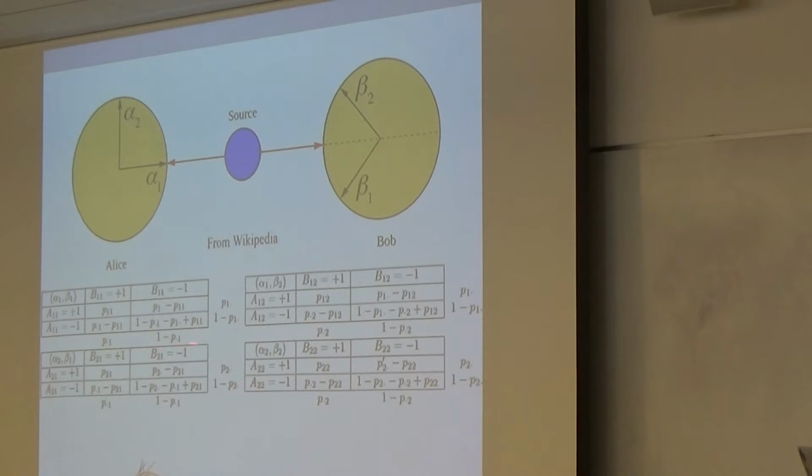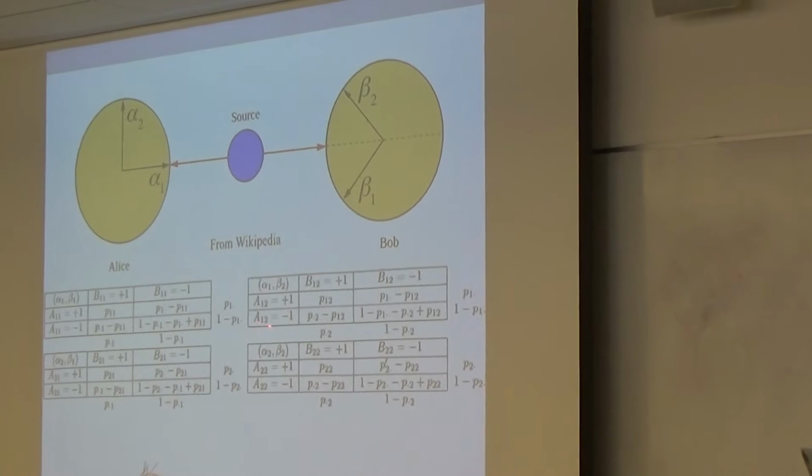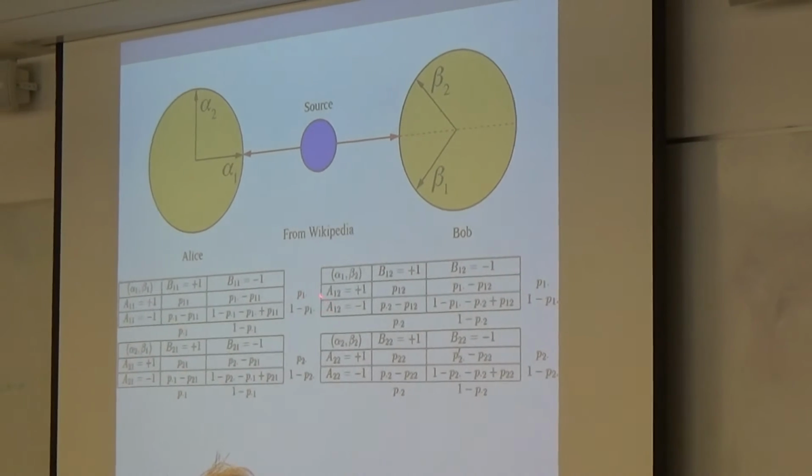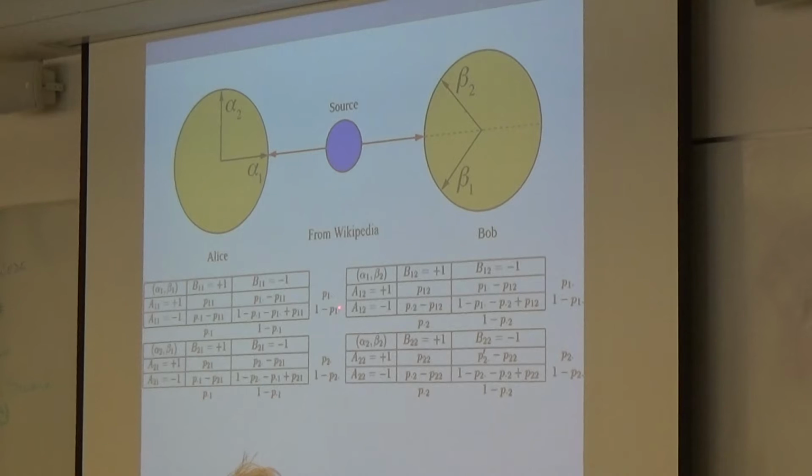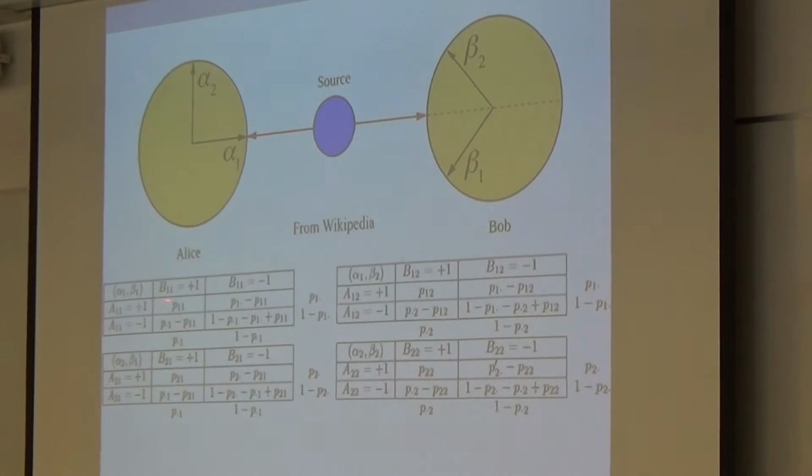The symbols outside of the cells represent the marginal probabilities. For instance, P1 dot represents that Alice gets spin up given the context alpha 1, beta 1. Note that if the measurements are strictly simultaneous, the marginal probabilities of the outcomes to alpha 1 are equal across different levels of beta.